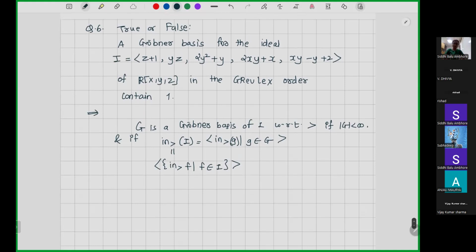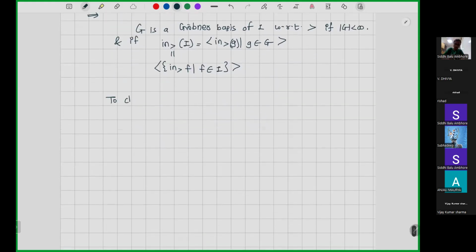So to check whether 1 belongs to GB of I, we need to check whether 1 belongs to I or not, right?